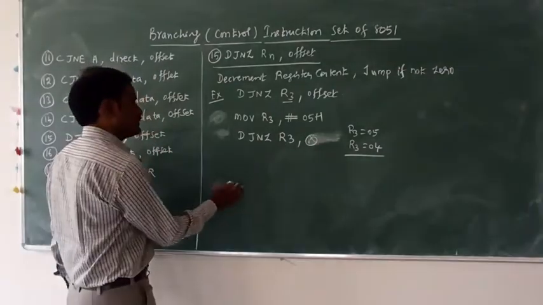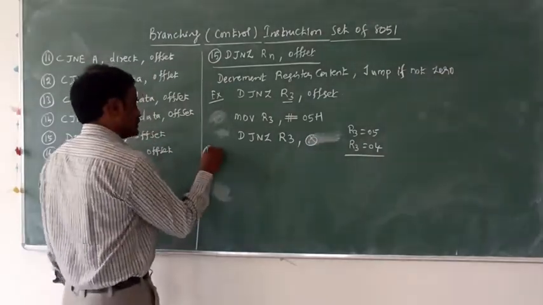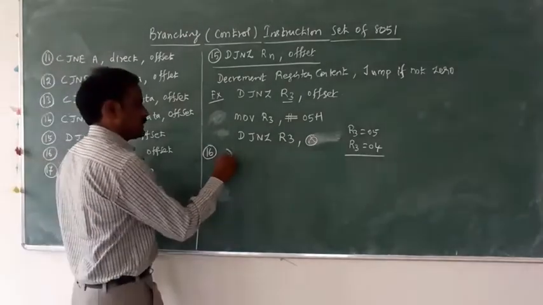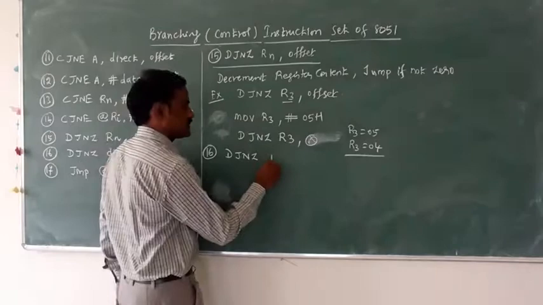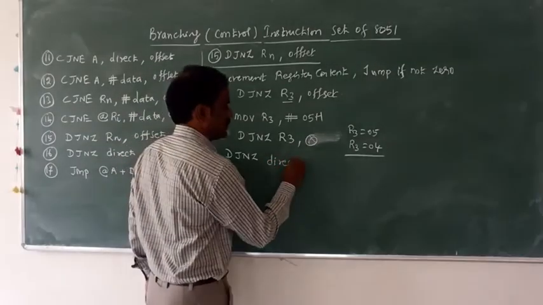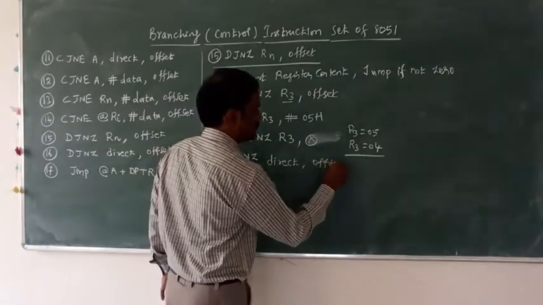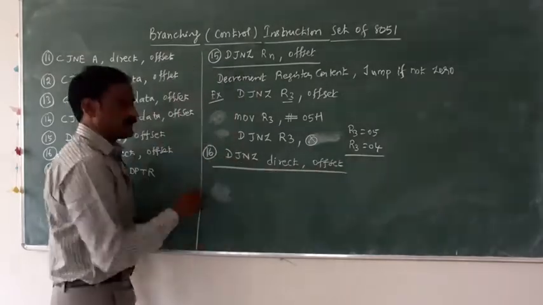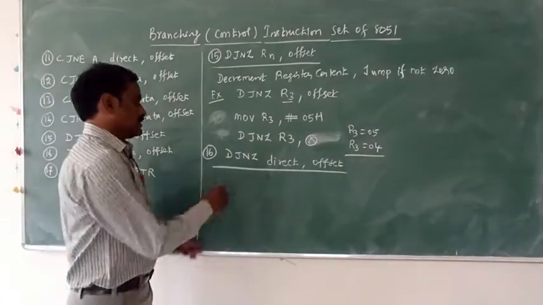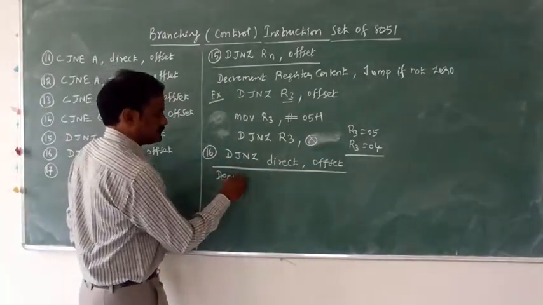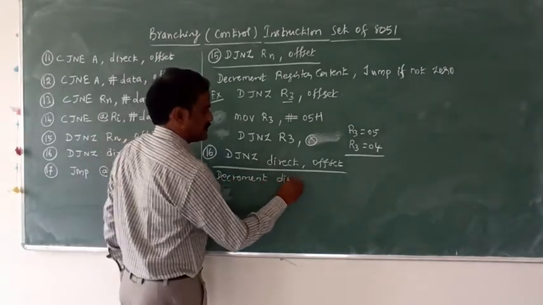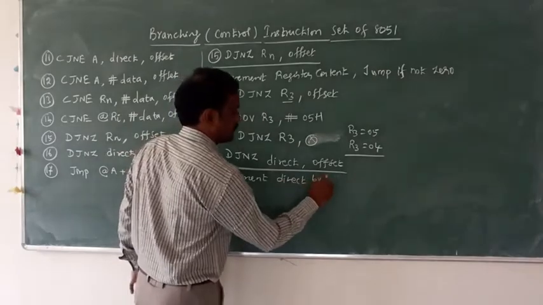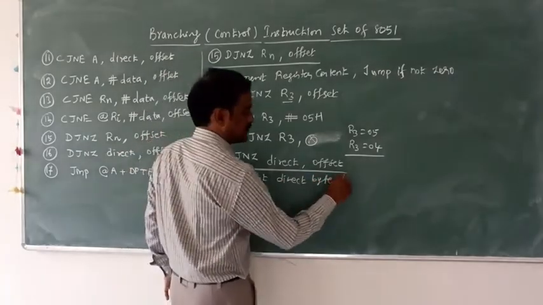Okay. Next one, the 16th instruction, DJNZ direct, offset. Direct offset. This is for decrementing the direct byte data.